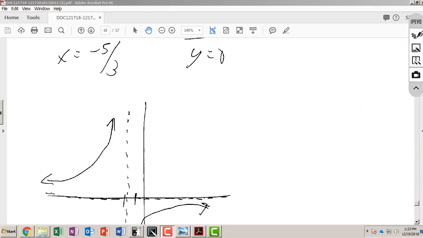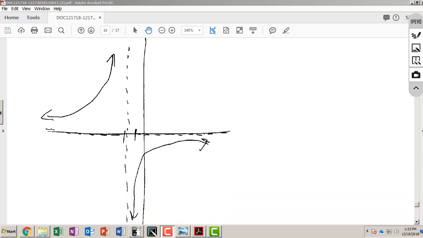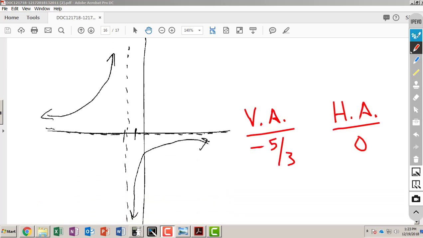So now to graph this, I go to my vertical asymptote at -5/3, so I just estimate that. -5/3 is going to be about -1 2/3. So I go to -1 2/3 and I make a dotted line here.